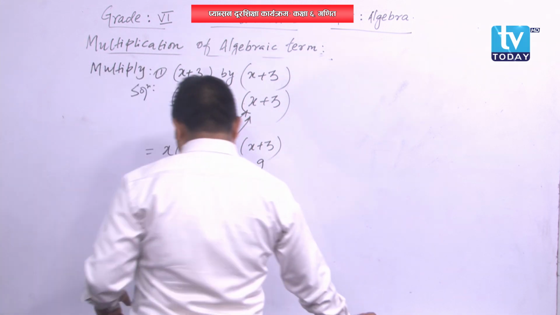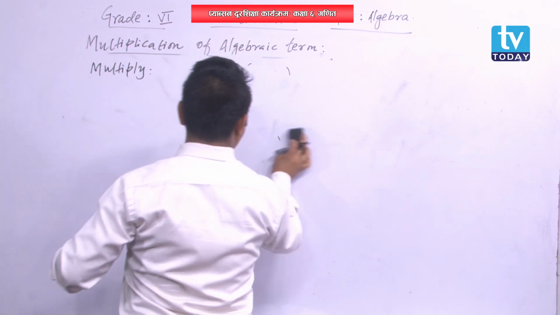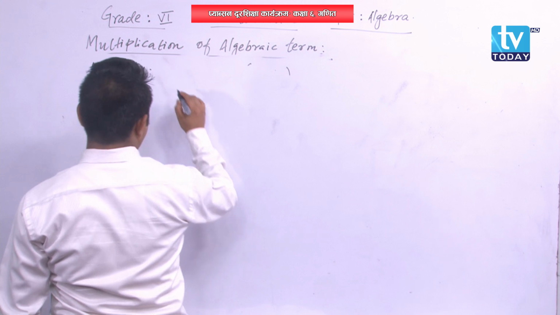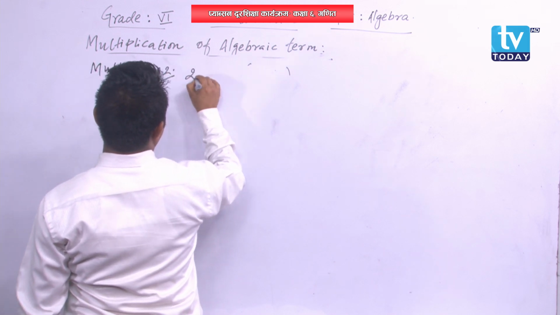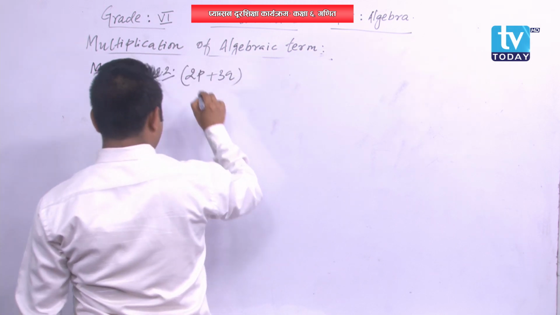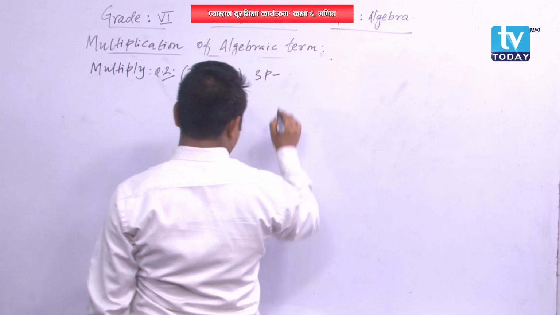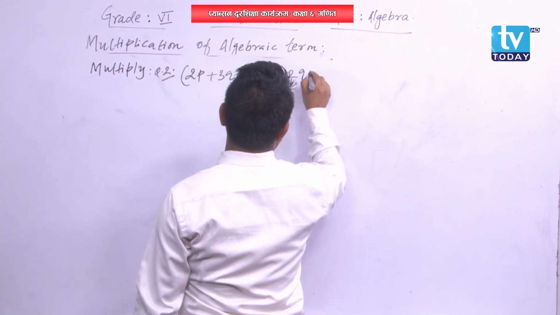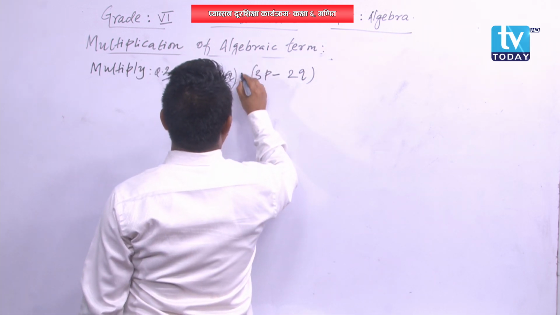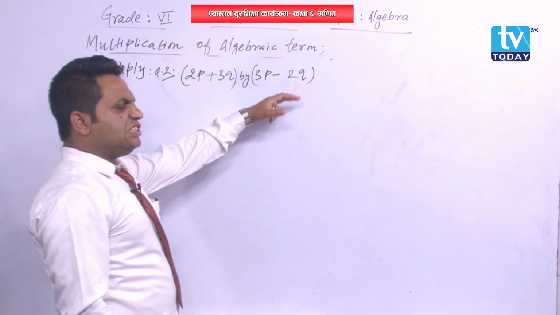Now let me write another question. Question number 2: 2p plus 3q by 3p minus 2q. You have to multiply 2p plus 3q by 3p minus 2q.